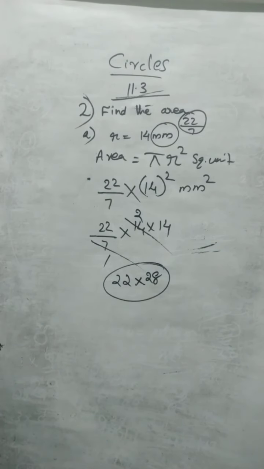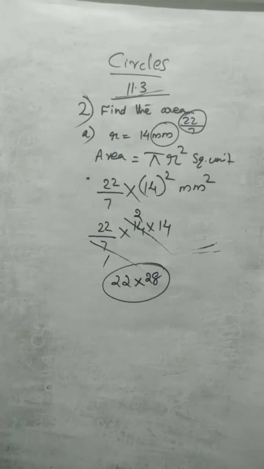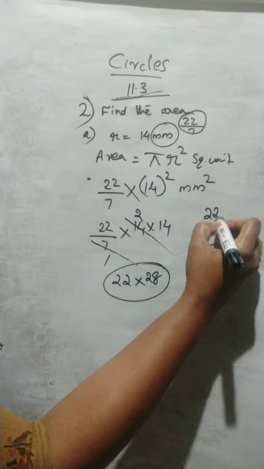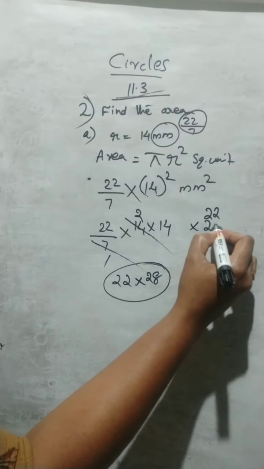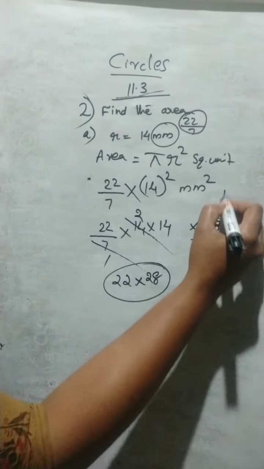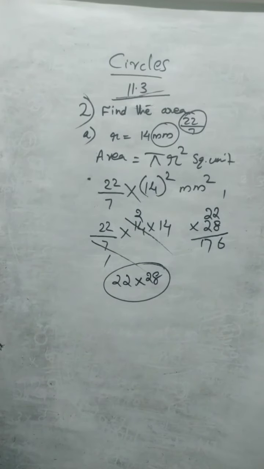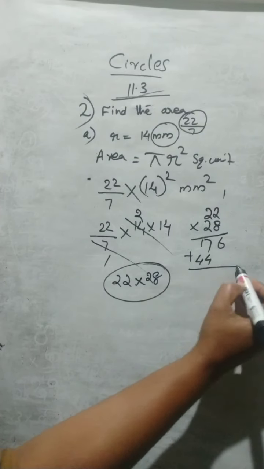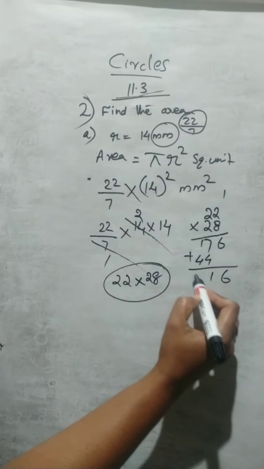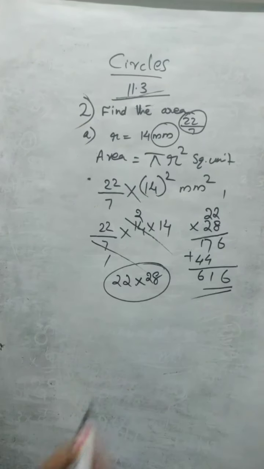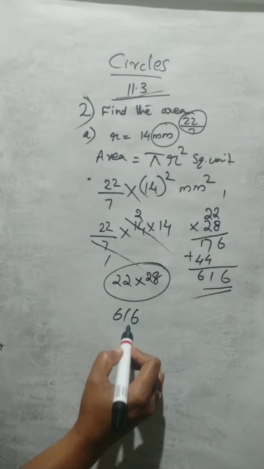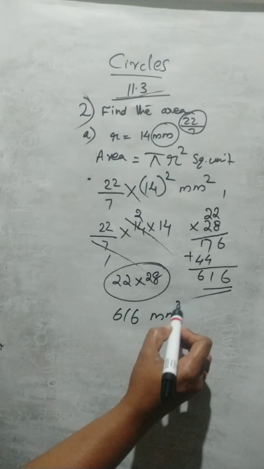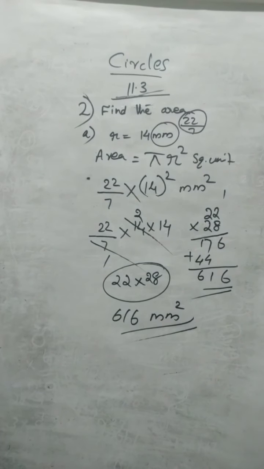Multiply these two. 22 times 28. 16, 1, then 16, 176, then 2 times 22, 44. Add this to 6, 11, then 616 millimeter square is the area of this circle.